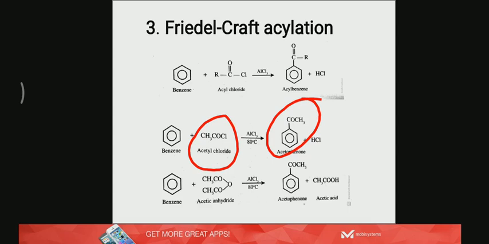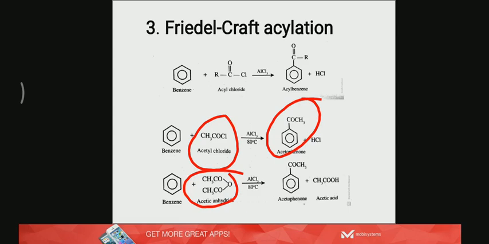Now see that for acylation, to introduce the acyl group, the best reagent is an acid halide, like acetyl chloride, which you can take. Instead, you can also take acetic anhydride, which also contains the acetyl group. So acid anhydride can also be used for Friedel-Crafts acylation.